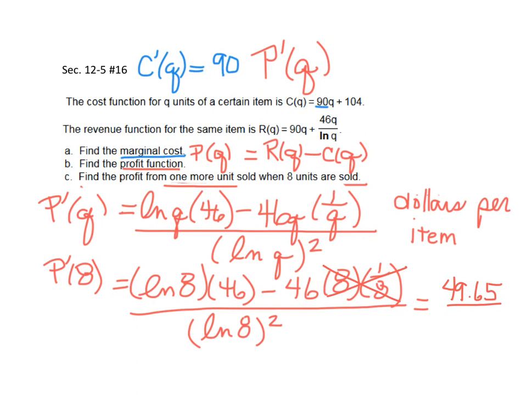And the final answer that we get as a result of dividing the numerator by the natural log of 8 squared, which is 4.32 approximately.